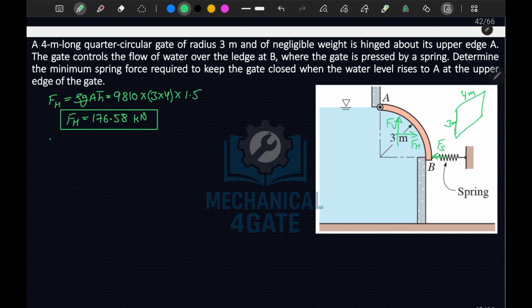Okay, and if I want to calculate Fv, Fv is equal to rho g V. Fv will be the weight of the liquid over the surface. So this volume of imaginary liquid will be your Fv. This amount of liquid volume will be 9810 into the total volume of the cuboid, 3 into 3 into 4, minus the area of the circle section.